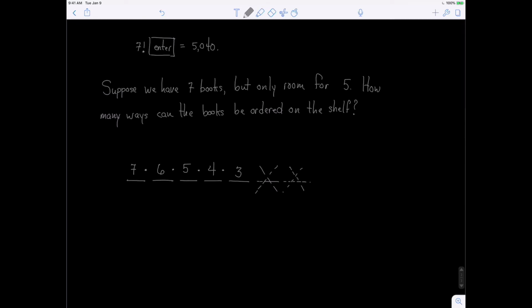We'll come back to the final number in a moment. But notice this: we didn't have the 2 and the 1 out over here. In other words, it's like a stopped factorial.